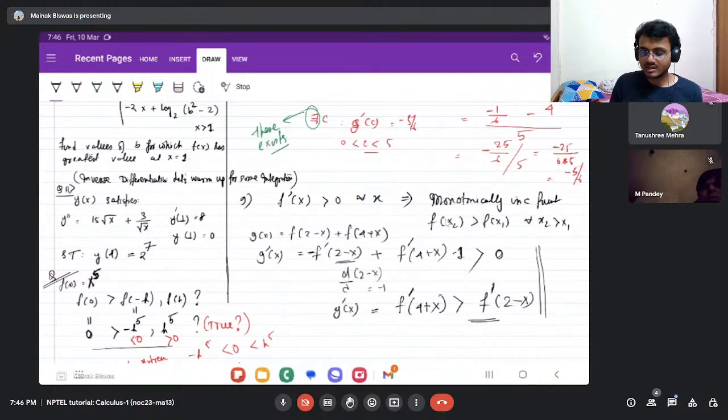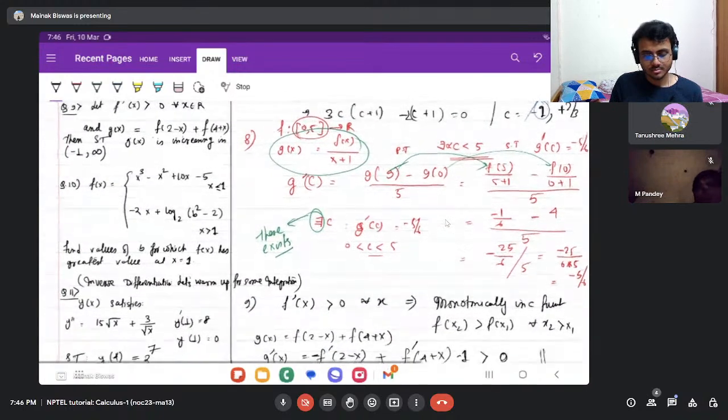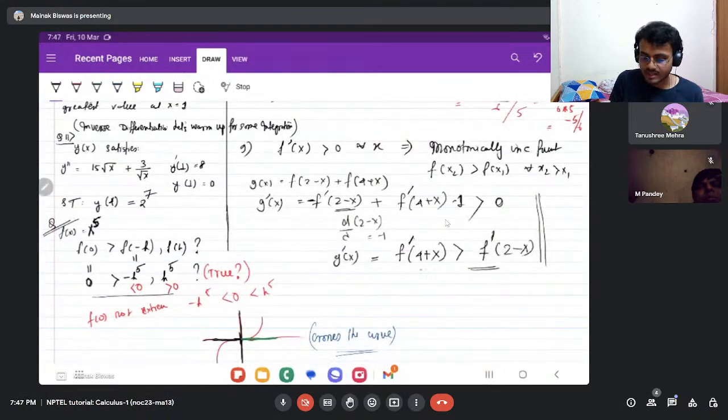It's a monotonically increasing function, right? So my question is, your f dash of 4 plus x must be greater than f dash of 2 minus x. So at what values will it be greater? Simply by doing this, right? Since it's an increasing function, 4 plus x will have to be greater than 2 minus x.